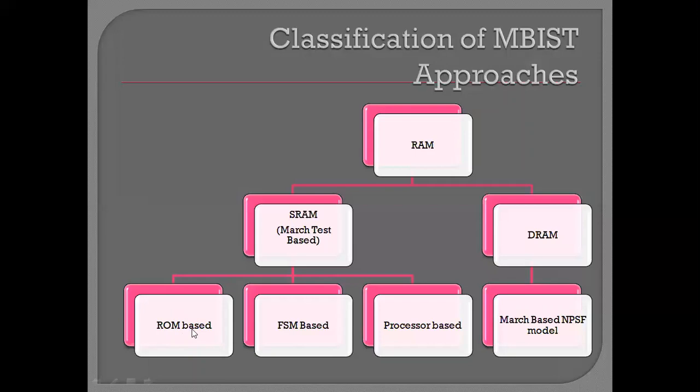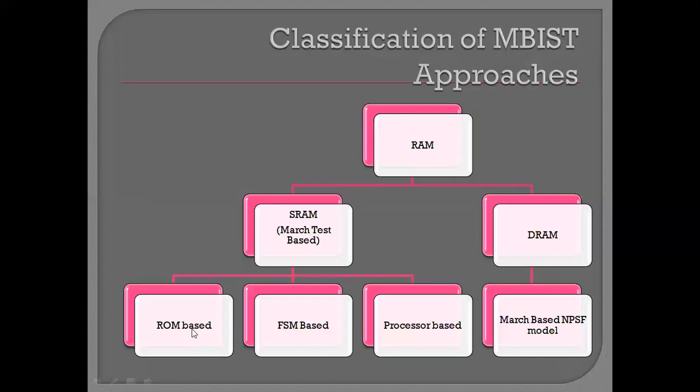You have a ROM, and in that you want to store the steps of the algorithm. Let's say first is read 0, second is write 1 to all the elements in decreasing order. So that would be coded. Let's say I say that the 5-bit combination 01001 represents the write operation in increasing order. So I give an opcode in the ROM.